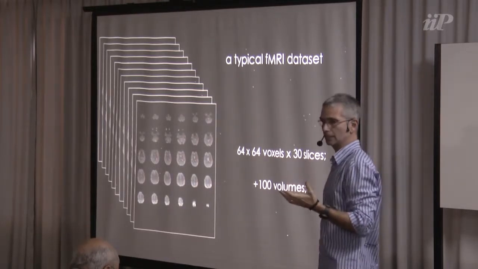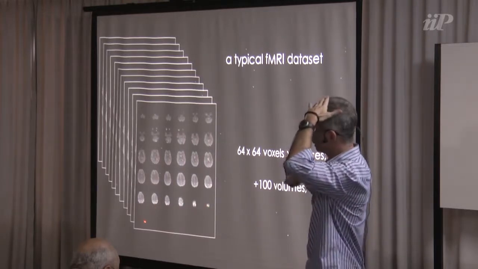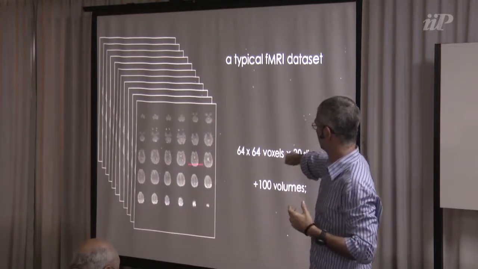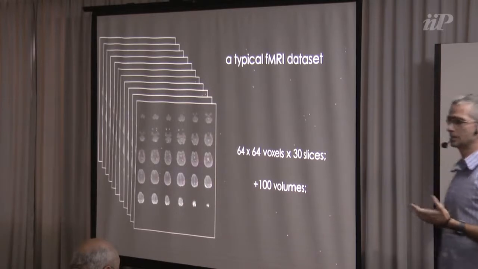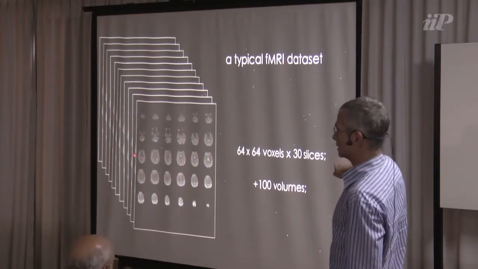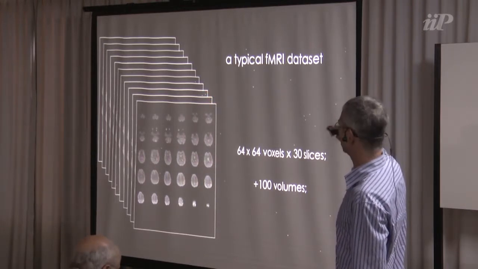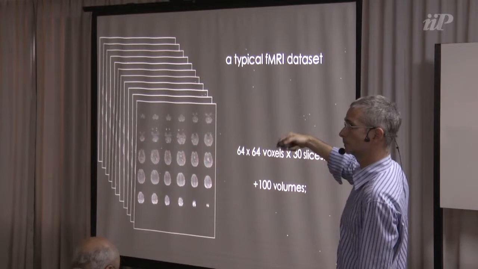So lately, you can do this whole thing, from top to bottom, in less than 1 second, 500 milliseconds. And then you acquire it once, and then you acquire it again, and again. You keep acquiring it for a couple of minutes.